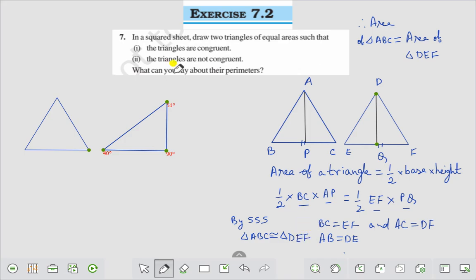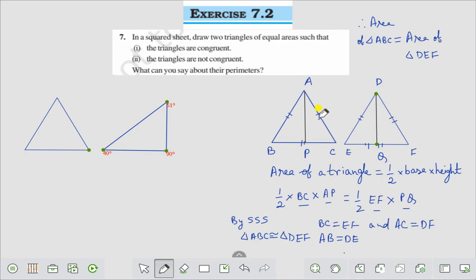Now the question was, what can you say about their perimeters? Here you see that AB side is equal to DE side, and BC side is equal to EF side, and AC side is equal to DF side.